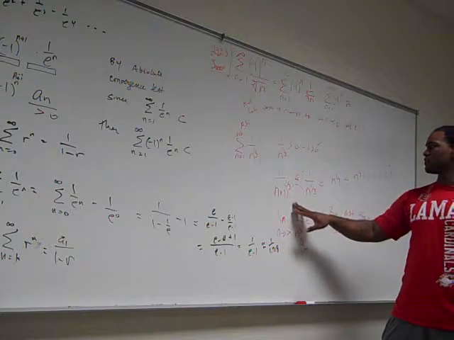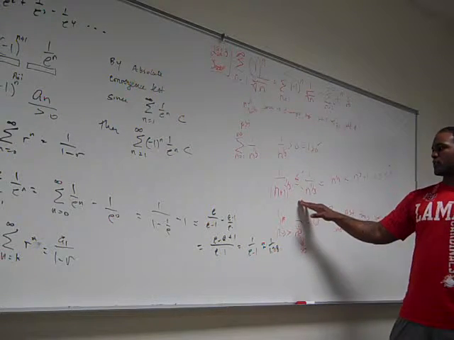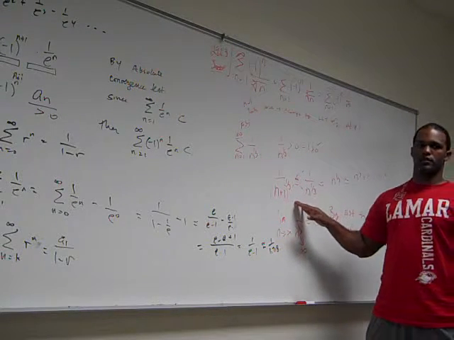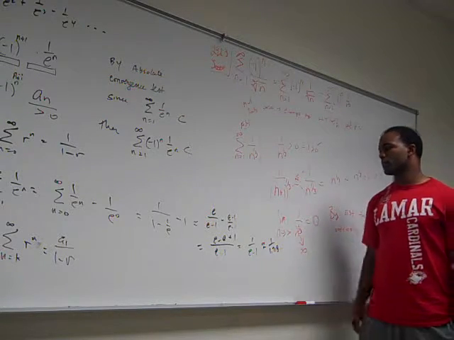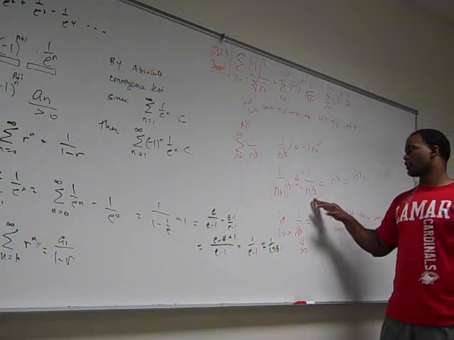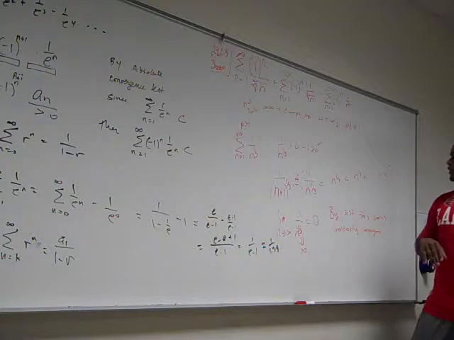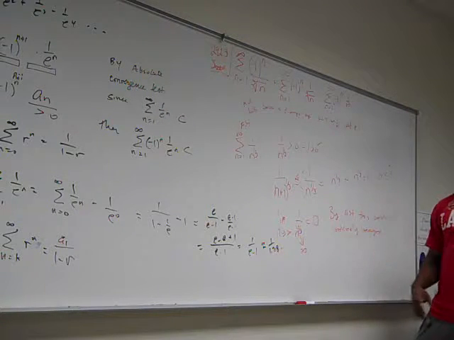The next step was to find out if the series was decreasing or non-increasing. So I did 1 over n plus 1 to the 1/3 less than or equal to 1 over n to the 1/3, and that's a true statement because 0 is less than or equal to 1.